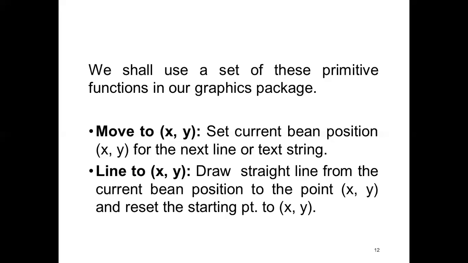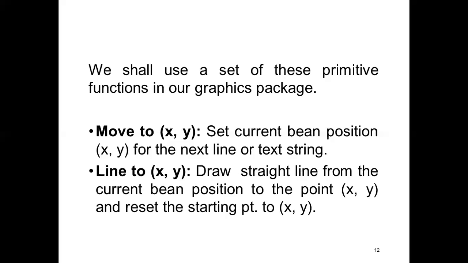These are the final points, and it starts from the initial point, maybe from 0 0. If initial points are also given, then we can choose another command. So we can use line to x comma y and reset the starting point to x comma y.